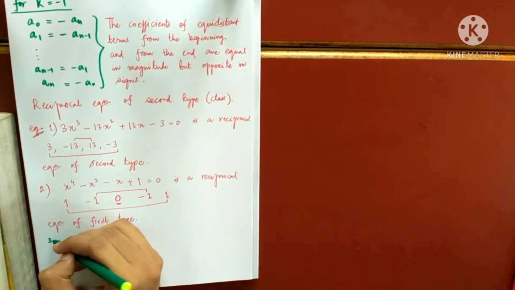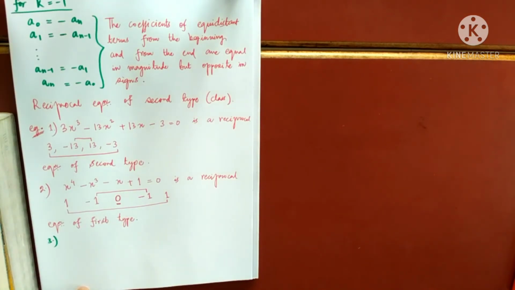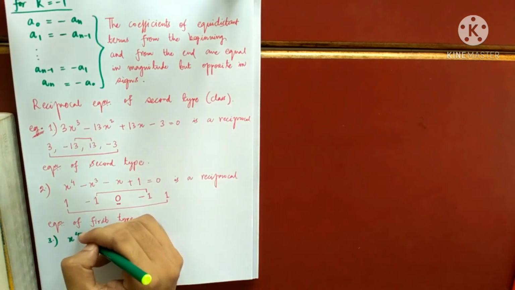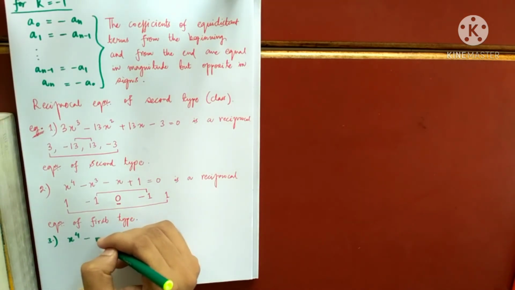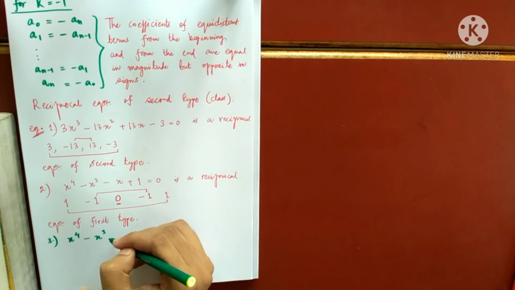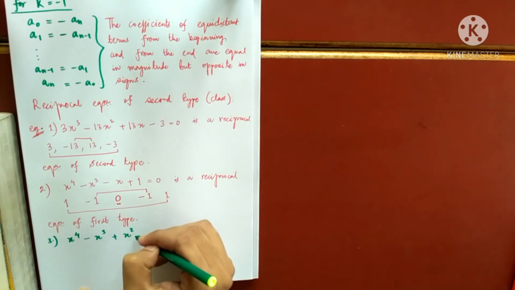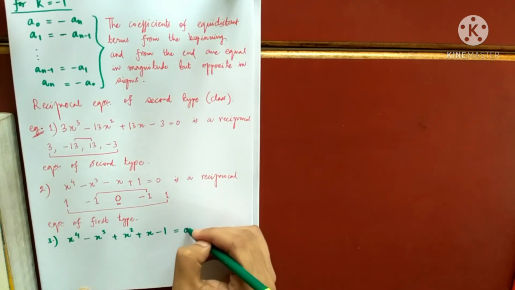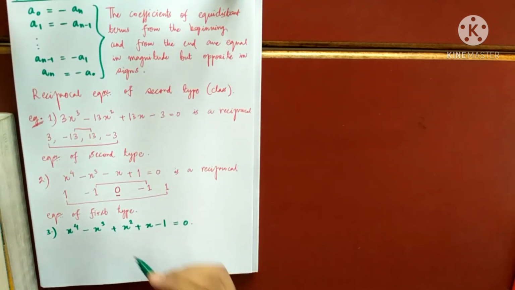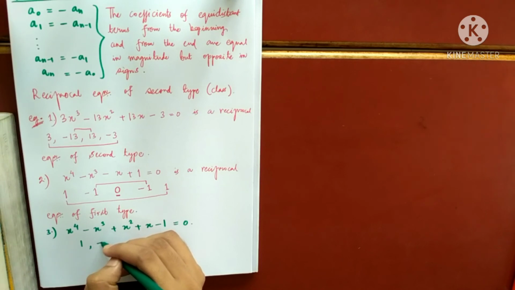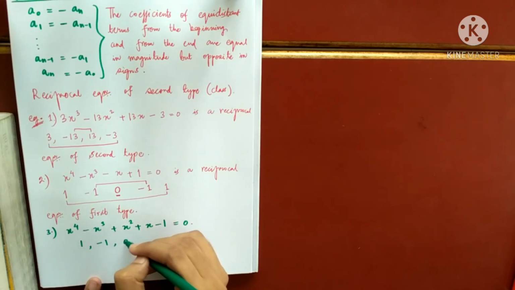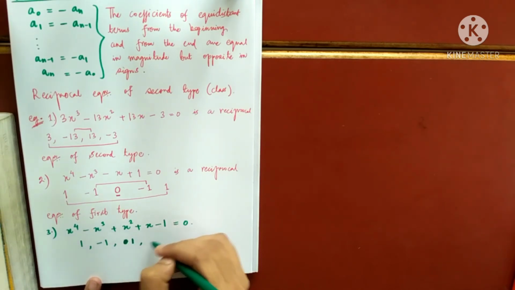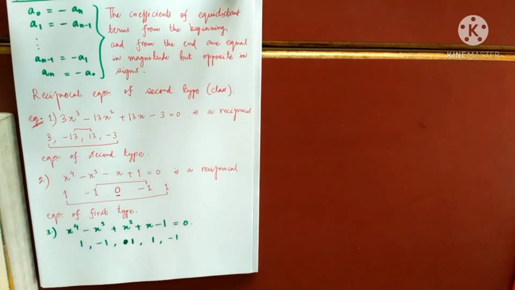Number 3. Look at this one: x to the power 4 minus x cube plus x square plus x minus 1 equals 0. If I write down the coefficients: 1, minus 1, 1, 1, minus 1.